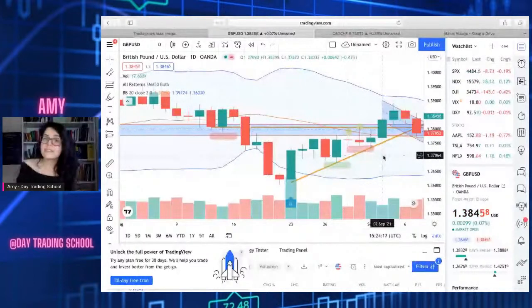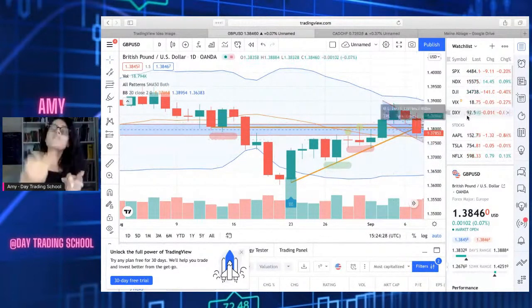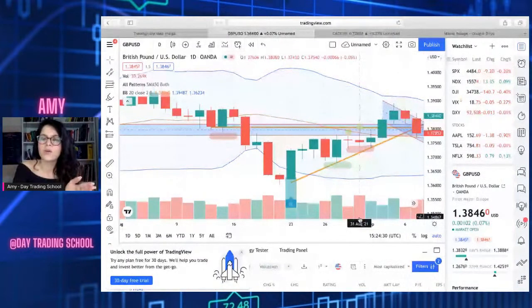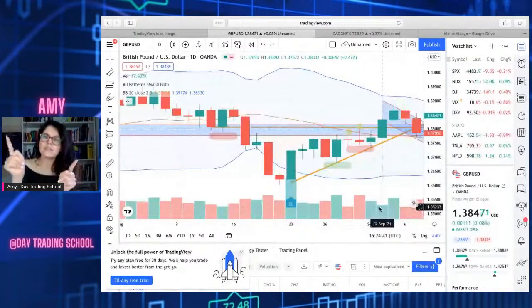Well, the next thing that could happen, as you all know, is these 3 red crows, right? That means 3 red candlesticks. That means the next one could be another red candlestick. Or what I don't expect is the next candlestick to be green.